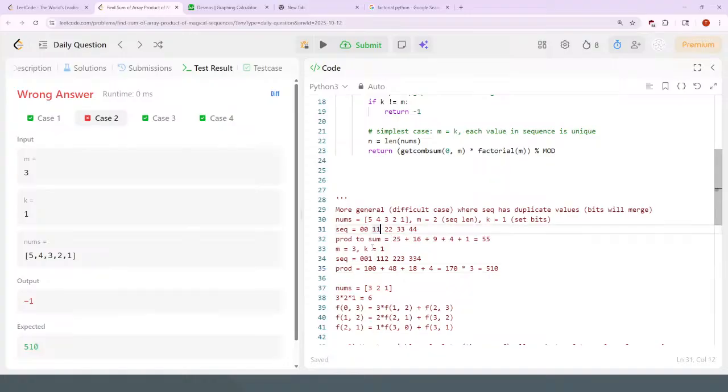So what is the general pattern here? If k is 1 less than m, there should be exactly 1 duplicate. And that's not quite it.